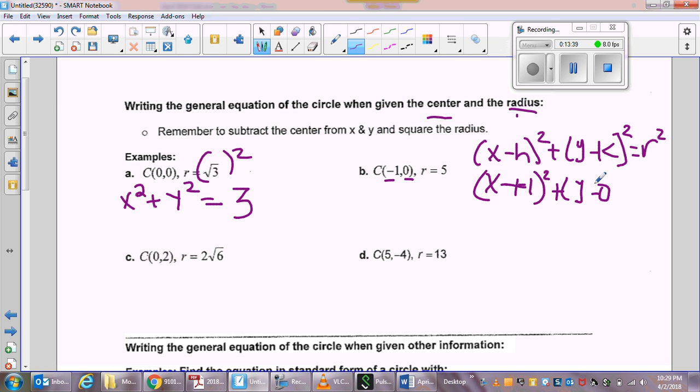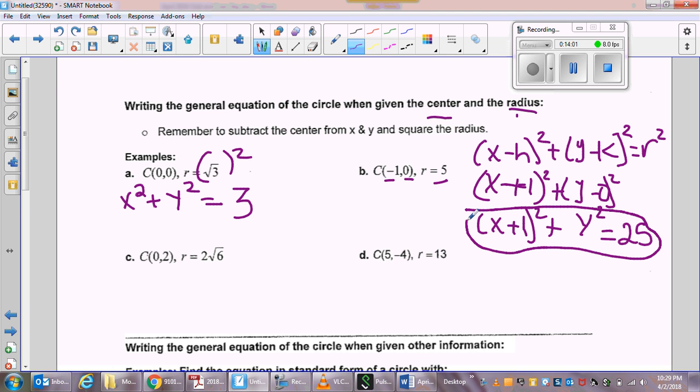That's what I have, squared. What's y minus 0? Just y. So this one is going to be (x plus 1) squared plus y squared equals, the radius is given to be 5, but what's 5 squared? 25. Perfect. So that's going to be my answer for B.